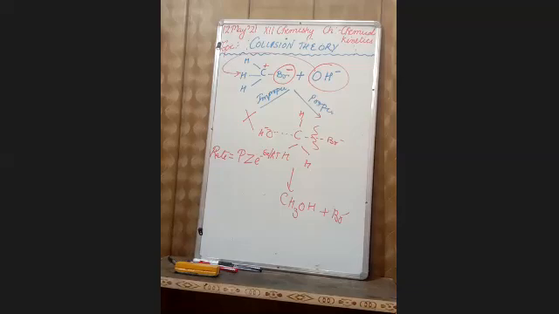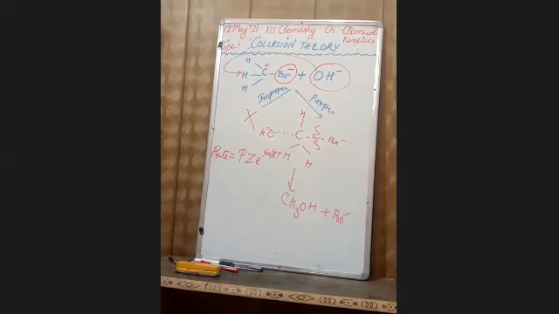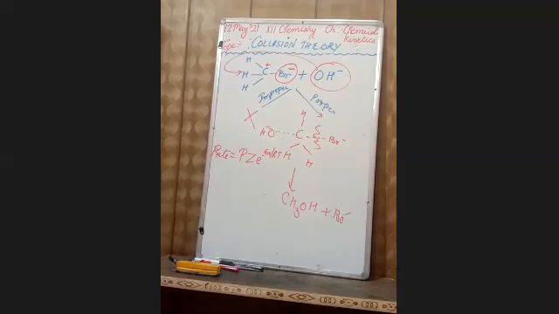Okay, that's all about chemical kinetics. In today's lecture, we have discussed the Arrhenius equation, which is K equals A e to the power minus Ea over RT. K is rate constant, e is exponential, A is your frequency factor, Ea is your activation energy, R is your gas constant, T is temperature in Kelvin.